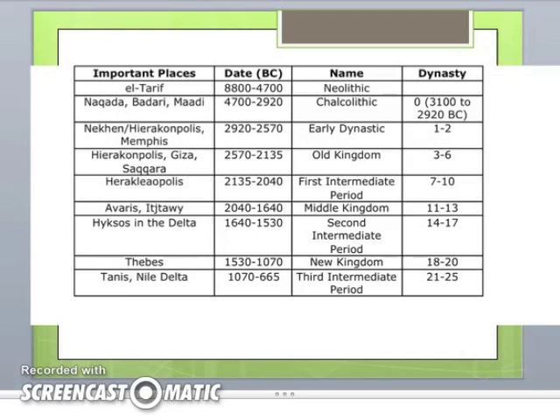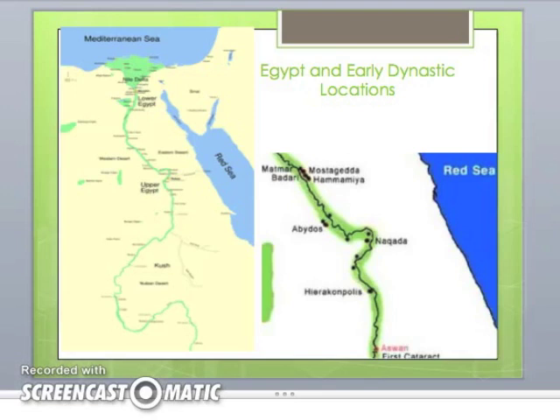So we will start in about the sort of late Neolithic, early Chalcolithic period, move into the early dynastic, and talk about the Old Kingdom. So for our purposes, we're really going to stop at about the 2100s BCE. And if you're interested, there is plenty of literature on the internet for these later periods of Egypt. We just don't really have time for them.